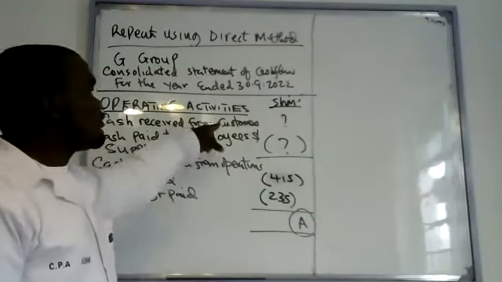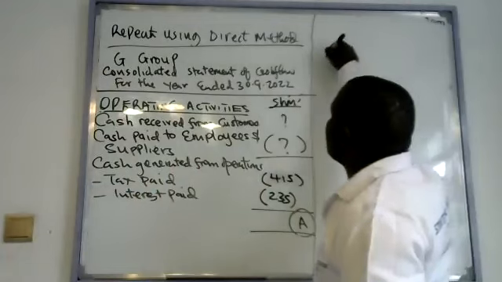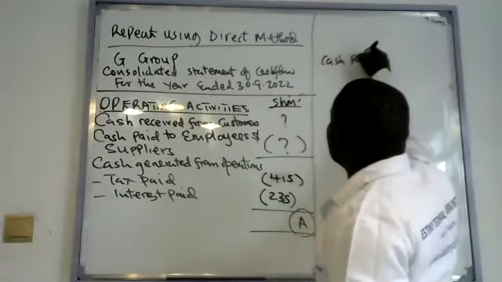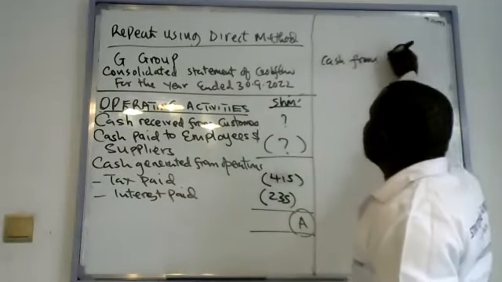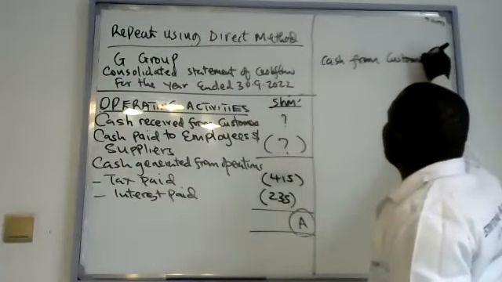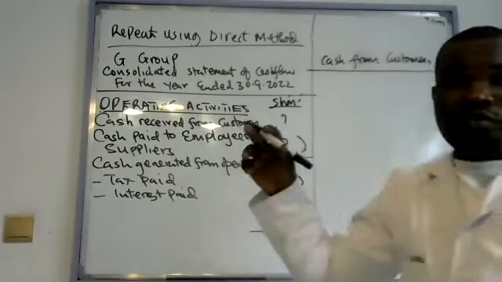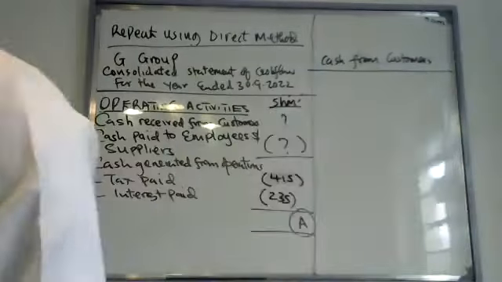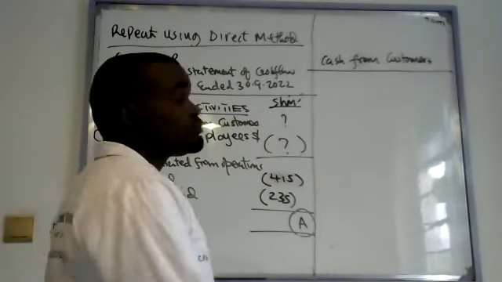So let's start with cash from customers. How about working outside? So cash received, sorry. Cash from customers.